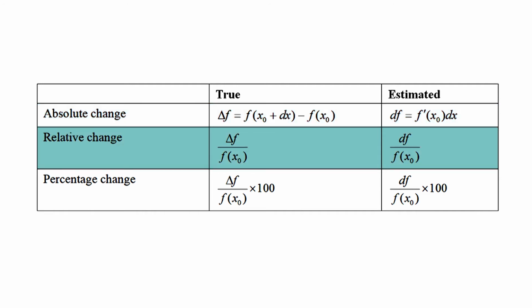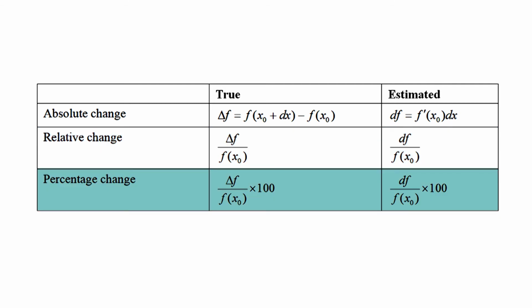True value of relative change in f is delta f by f of x naught, and estimated value of relative change in f is df by f of x naught. True value of percentage change in f is delta f by f of x naught times 100, and estimated value of percentage change in f is df by f of x naught times 100.